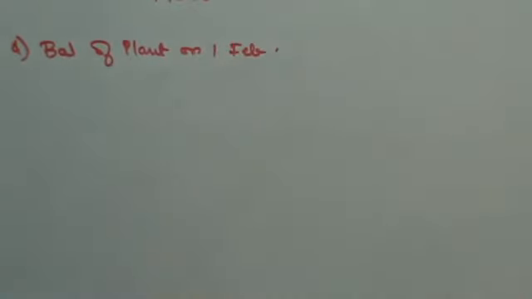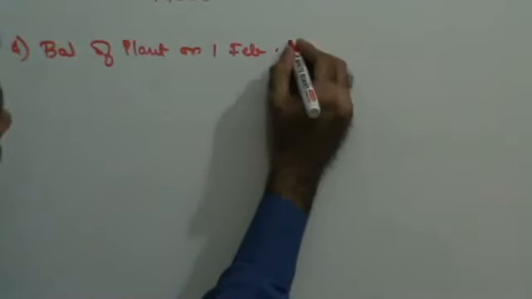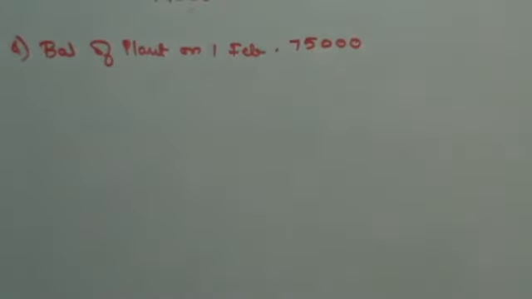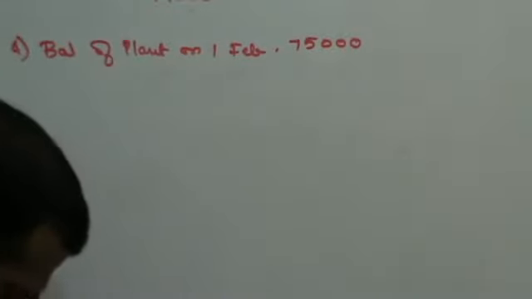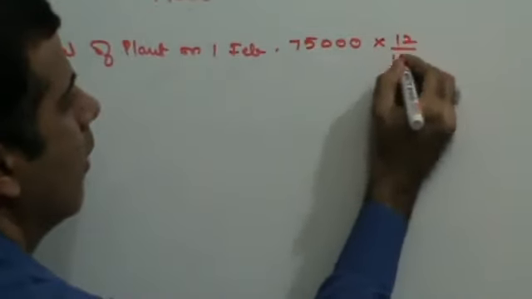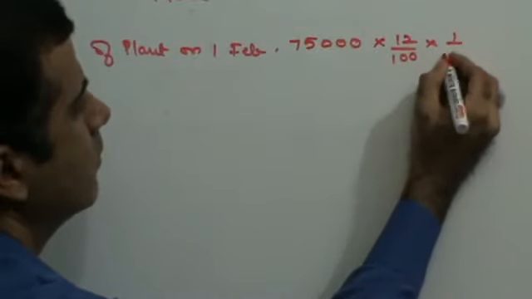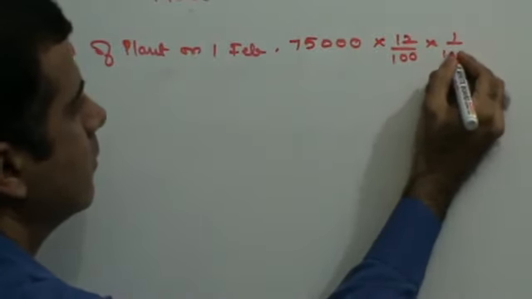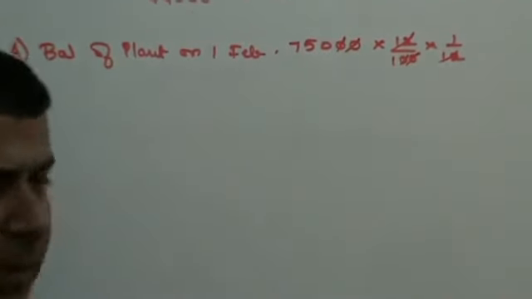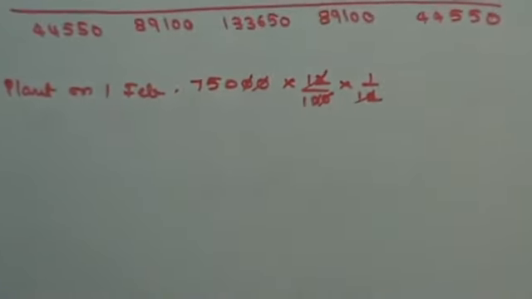I had purchased the plant for 1 lakh, out of which 25,000 I paid in the month of Jan. So my balance is going to be 75,000, on which I have to pay an interest of 12% for 1 month. That means for the month of Feb I will have to pay an interest of 750 rupees.